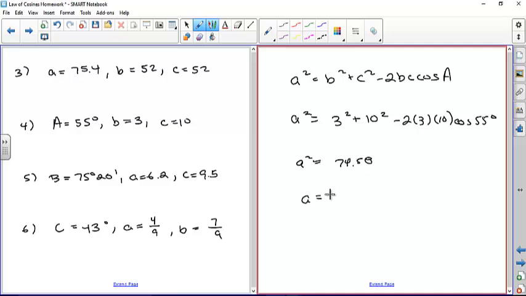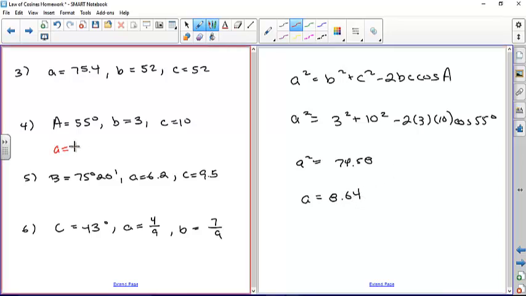Take the square root. You get 8.64. So that's A, 8.64. And then to find angles B and C, we can use the law of cosines or the law of sines.